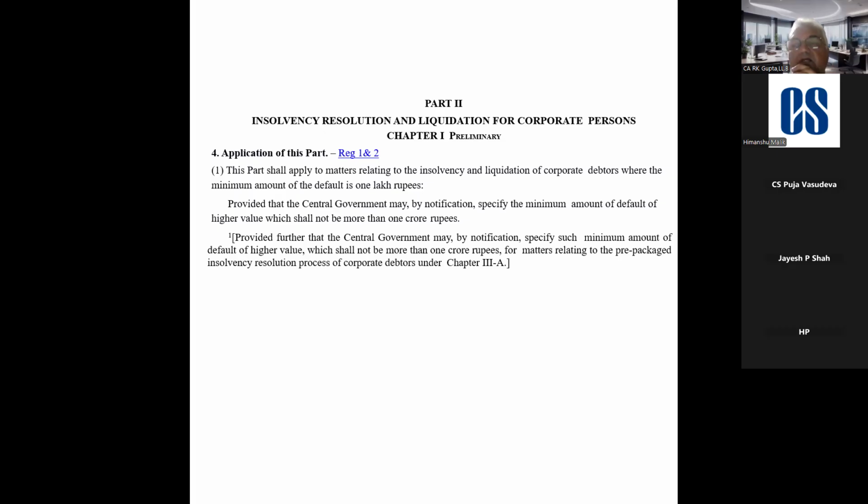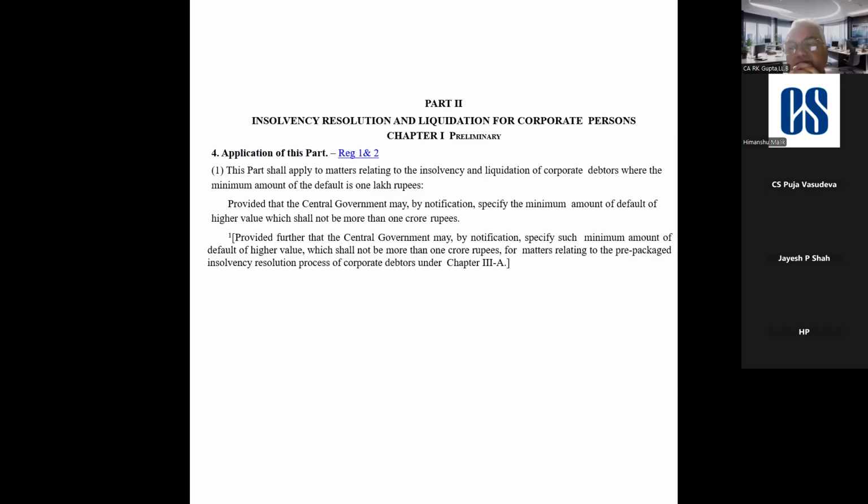What we have read is that the pre-pack insolvency resolution process allows the debtor to stay in control and allows the corporate MSME to initiate this process, and there the minimum amount of default is 10 lakh rupees. But that is the minimum. Maximum could be anything. Suppose the actual amount of default is 200 lakhs or say 2 crores. My question is whether it can go in for normal CIRP or it has to necessarily go through PPIRP.